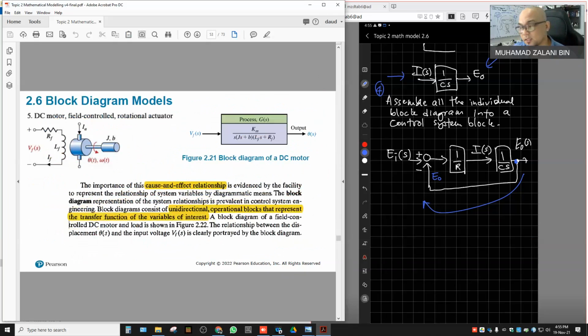Okay, so this is one of the explanations in the textbook about the DC motor model here. This is the DC motor model which has the input of V_f, as the input, and the output is theta, which is the rotational displacement theta.